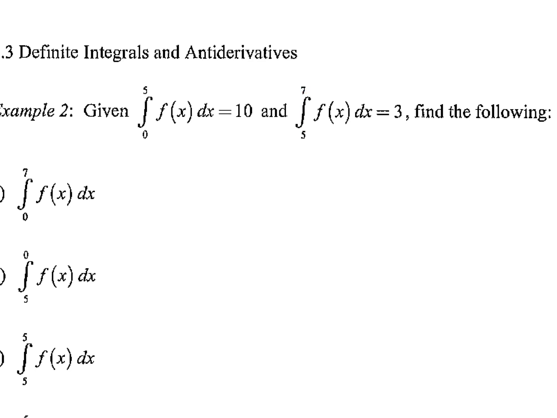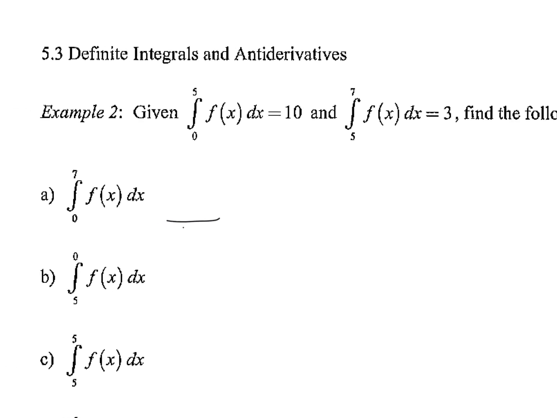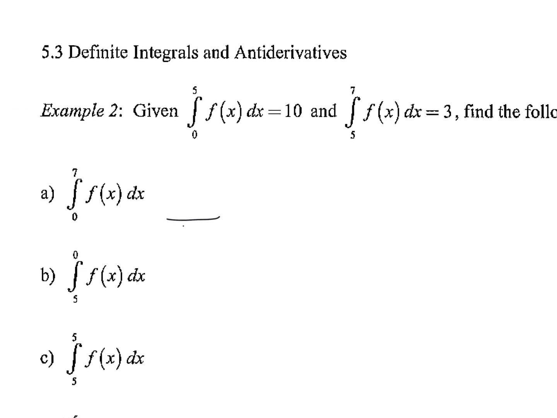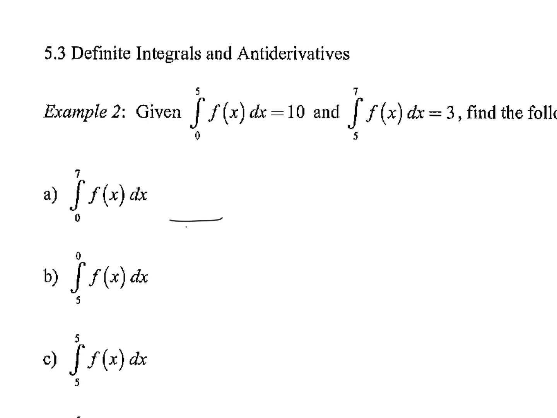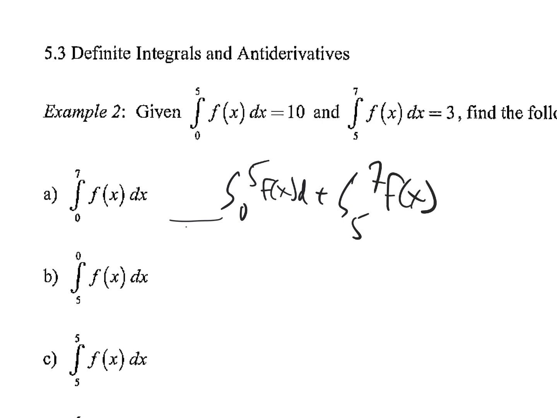What is it asking me to do here? Maybe from 0 to 7. If you go back and look at those properties, it says if you have the integral from 0 to 5 of f of x dx plus the integral from 5 to 7 of f of x dx, do you see how the number right here is the same?